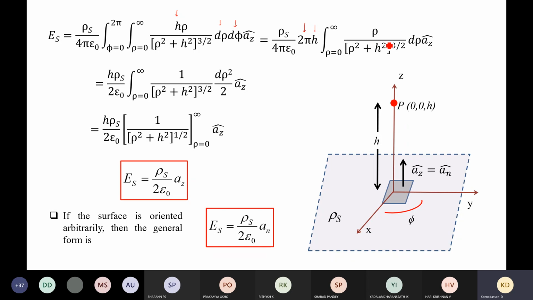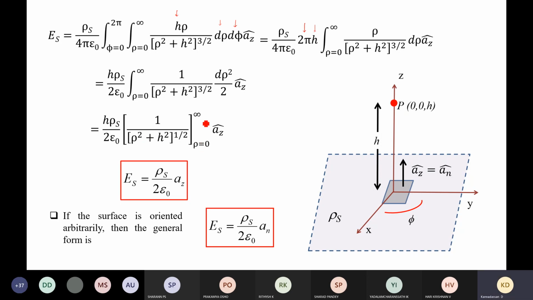The simplest integration method is this: rho d rho will become d rho square by 2, and this you have to integrate. When you integrate that, I think this will come as rho square plus h square whole power minus 3 by 2, so when you differentiate that, everything will come with respect to rho square.